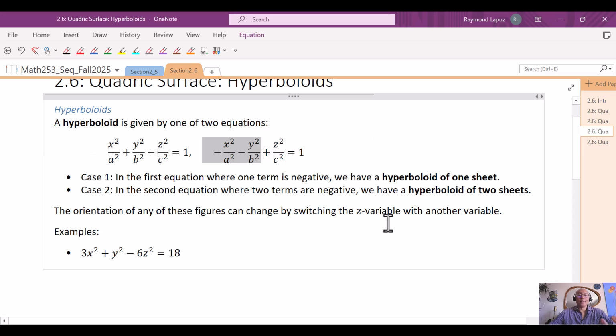And so this is oriented to open up along the z-axis. But if there was a change in which variable has the different sign from the other two, then your orientation is going to change. And so we'll see that in our second example.